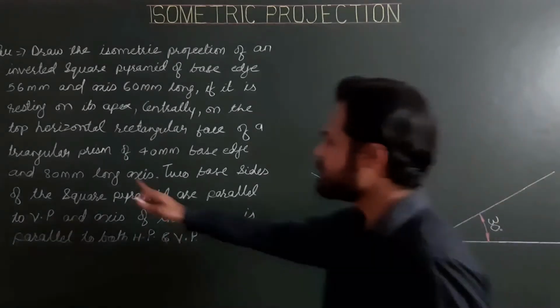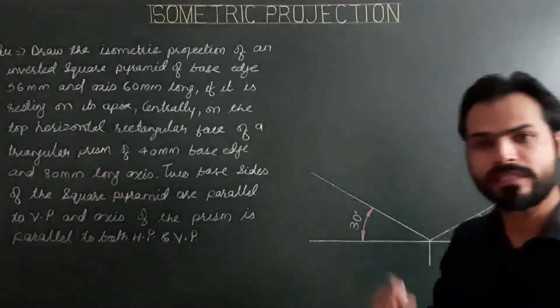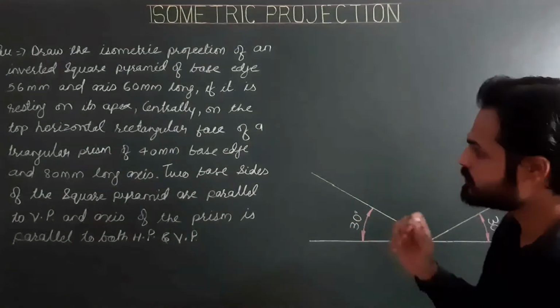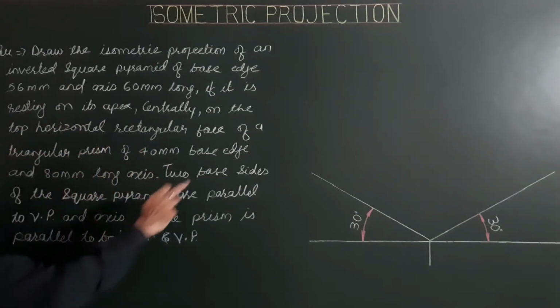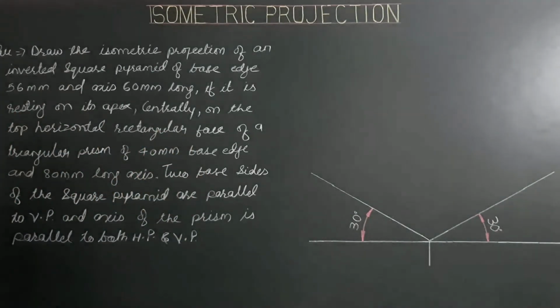Now for projecting the triangular prism, first we have to project its triangular base, and for the triangular base of size 40 we are required to draw a helping figure of the triangle.